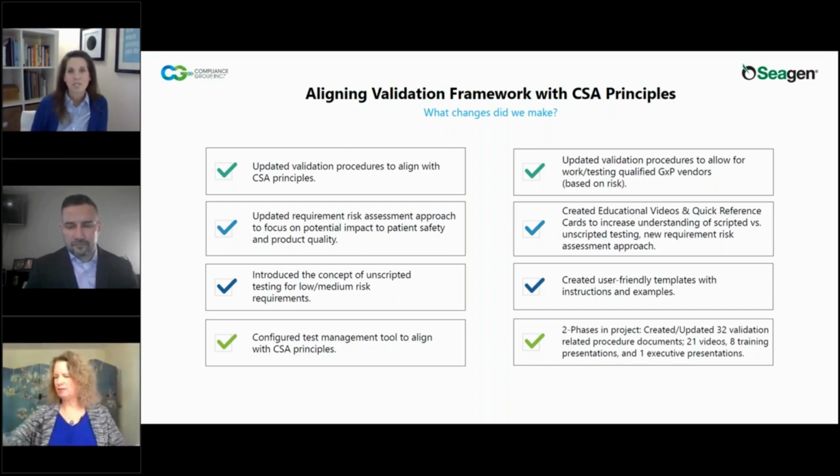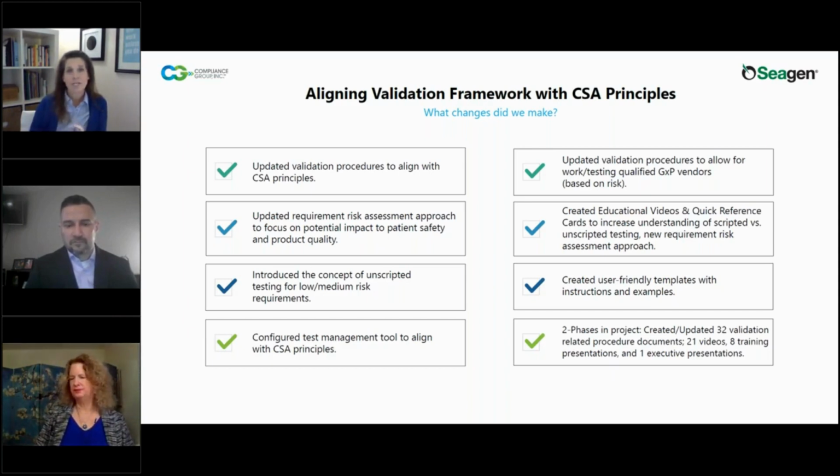So ensuring that we're really focusing the scripted testing on those higher areas of risk, on those areas that are most likely to or could potentially impact patient health and safety, and then leaning into the unscripted testing for those areas of moderate risk or low risk, and even leveraging our vendor documentation more thoroughly, assuming that the vendor, of course, has an adequate quality management system.